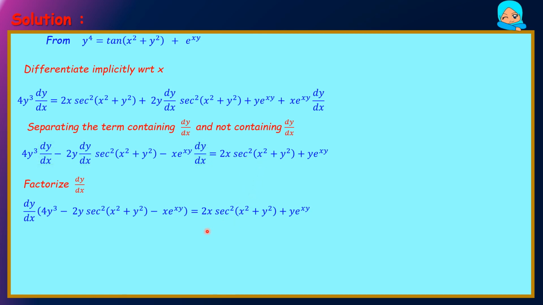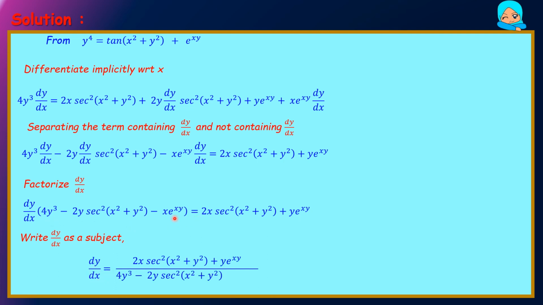And after that, the final step, we need to write dy over dx as the subject, because from the given question we want to find dy over dx. So our dy over dx equals to, we move the whole bracket to the right hand side. This is a multiplication operation, so when we move to the right hand side, it becomes division.